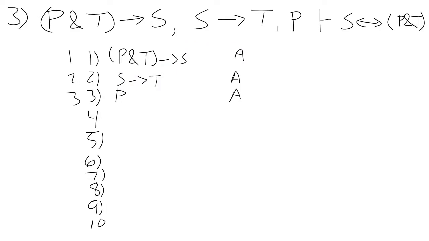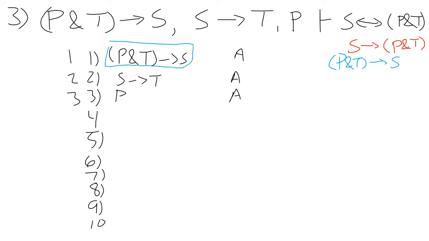Here on 3, we're looking for S arrow P and T, and we're looking for P and T arrow S. So we have P and T arrow S here in 1, but we don't have our S arrow P and T. So now we're going to have to prove, so this one's already good.